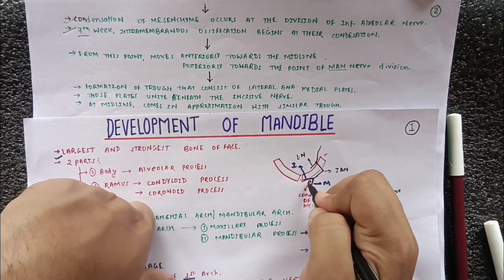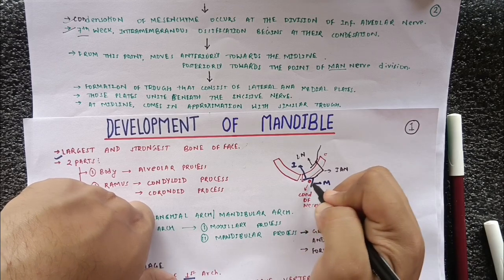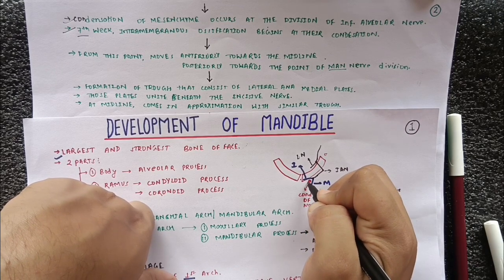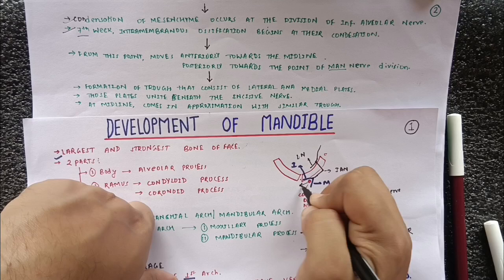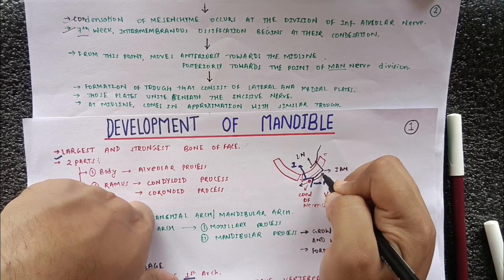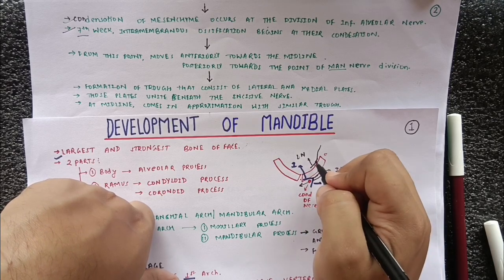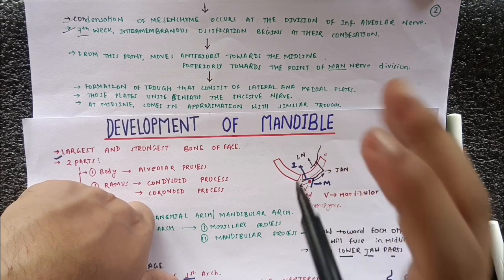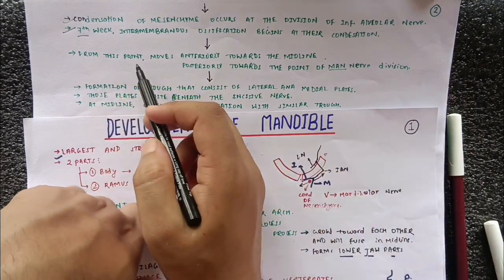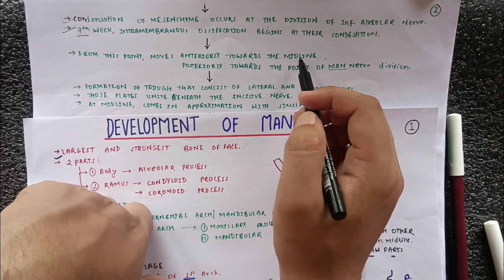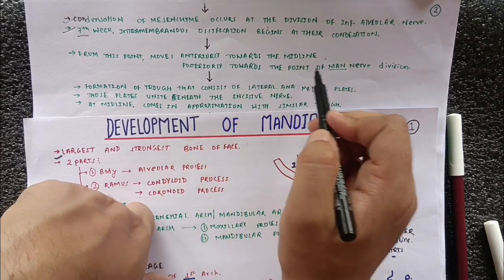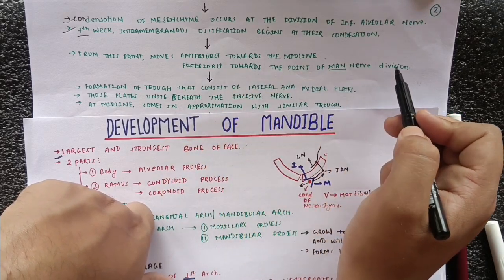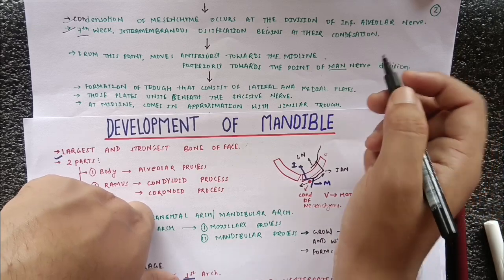As this is a condensation of the mesenchyme, it moves anteriorly towards the midline and also moves posteriorly towards the point where the mandibular nerve gets divided into the lingual nerve and the inferior alveolar nerve. So just remember this: anteriorly towards the midline and posteriorly towards the point where the mandibular nerve division takes place.